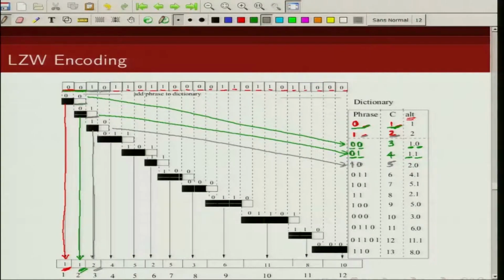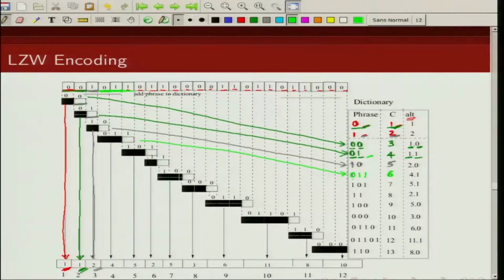Now we continue our encoding. So the next bit is 0. Now look beyond this, 0 1. Is 0 1 in the dictionary? Yes, it's there in the dictionary. Okay. What about 0 1 1? Is it there in the dictionary? No, it's not. So we are going to put 0 1 1 in the dictionary, and that's my code word number 6.